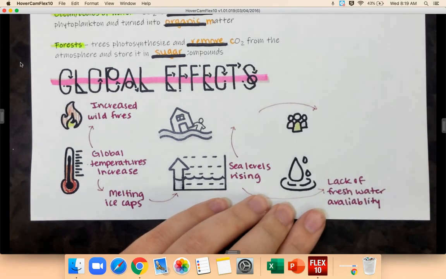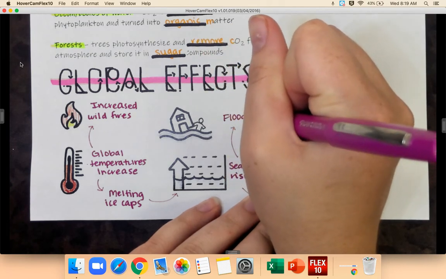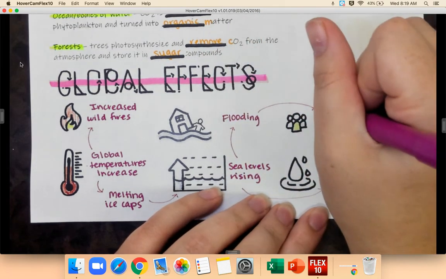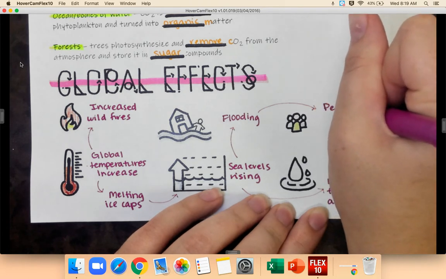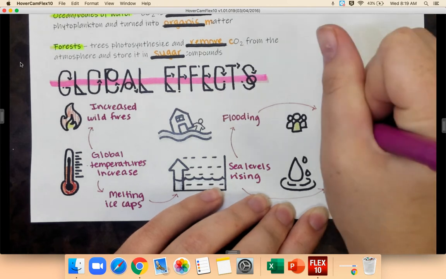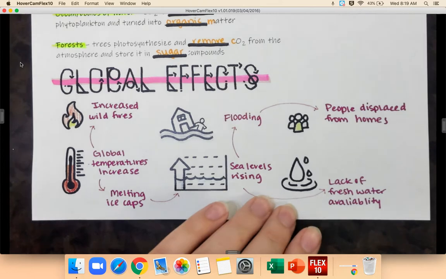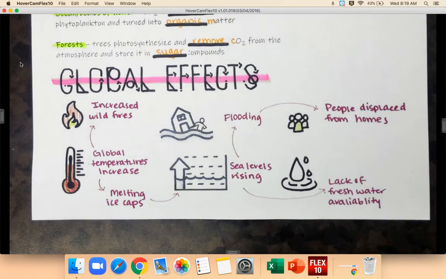Sea levels rising could also cause flooding, and flooding could cause people to be displaced from their homes. So you can see how one thing, just our temperature increasing, can cause all of these other really crazy things to happen.